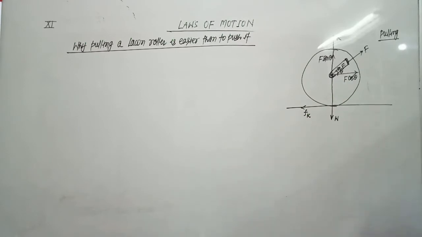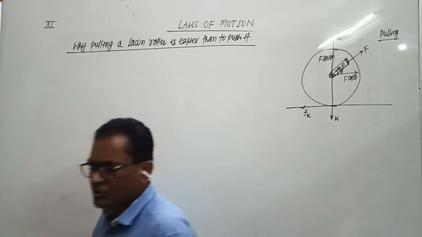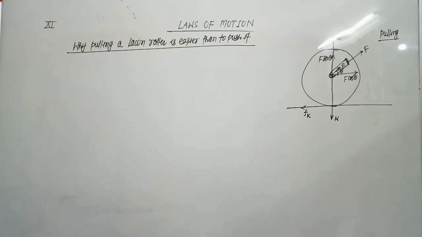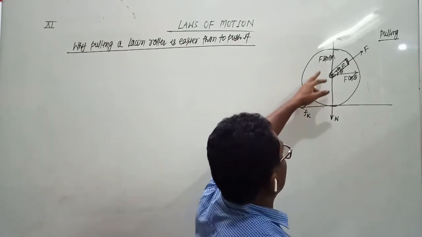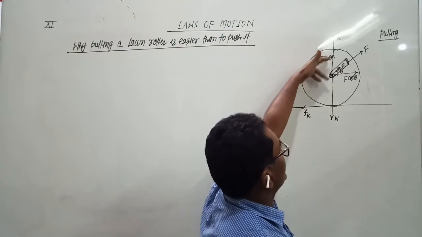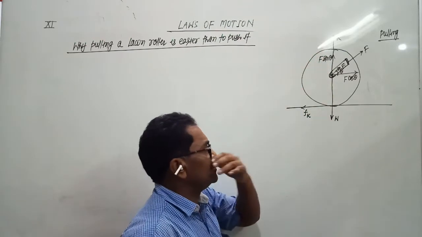Weight acts vertically downward, and normal reaction acts in a perpendicular direction opposite to the weight of the lawn roller. So we resolve these components of forces. In upward direction, vertically, there are two forces acting, R and F sin theta.